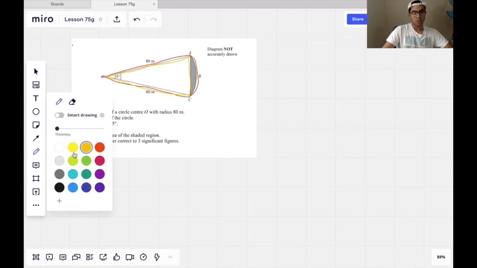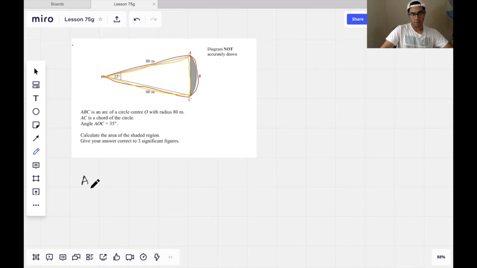So the area of sector OABC is equal to, well, if we think about what portion of the full circle this sector is, it's 35 over 360 times the area, which is pi times 80 squared, pi r squared.